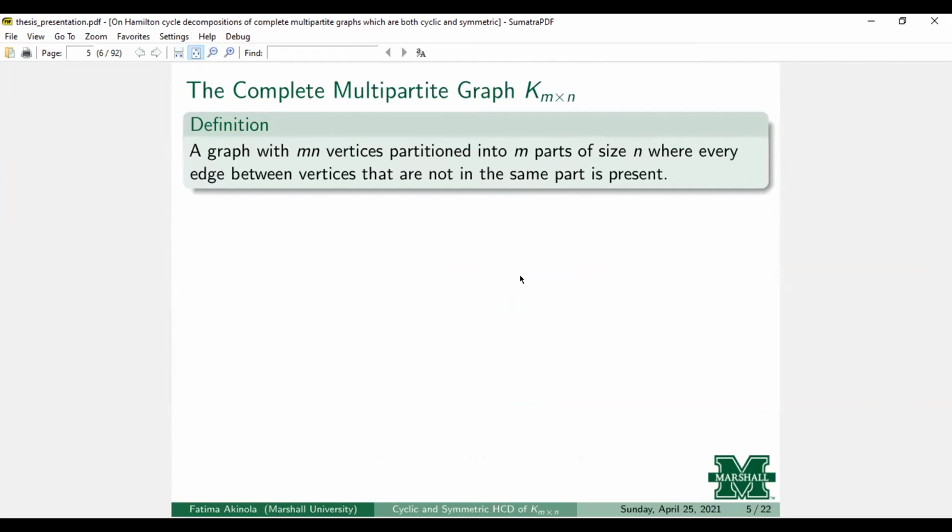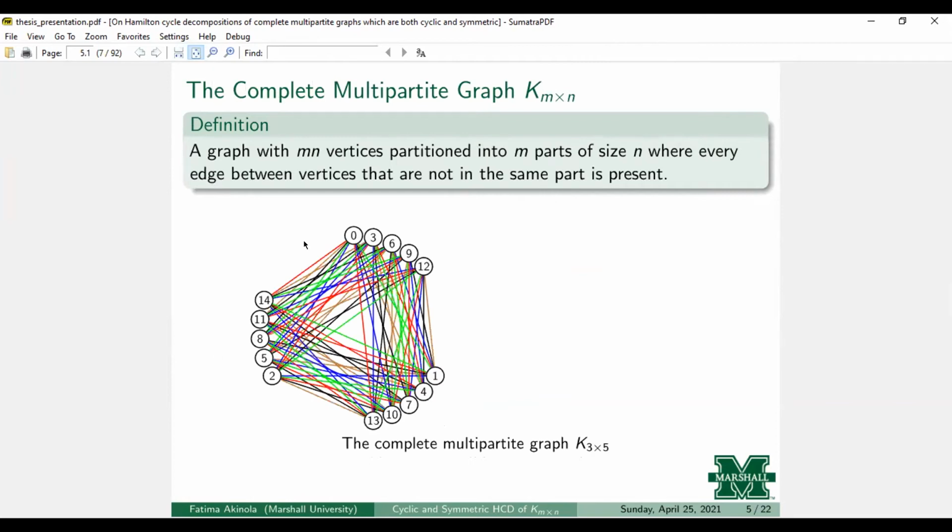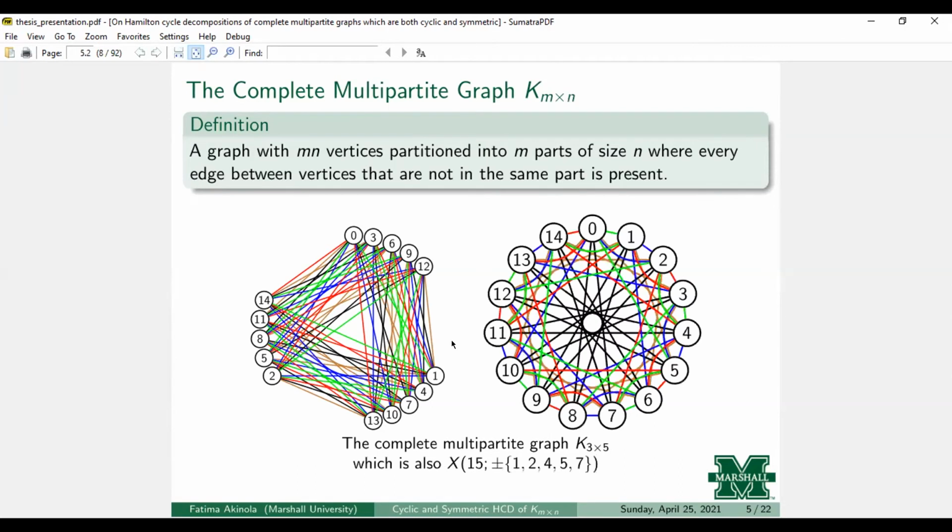And so we concentrated on the complete multipartite graph, K_{m by n}. I'll use a picture to make that a lot easier. You have m parts, but all of size n. So K_{3 by 5} is 3 parts, all of size 5. So its Cayley graph notation is this. 3 by 5 is going to be 15 vertices.